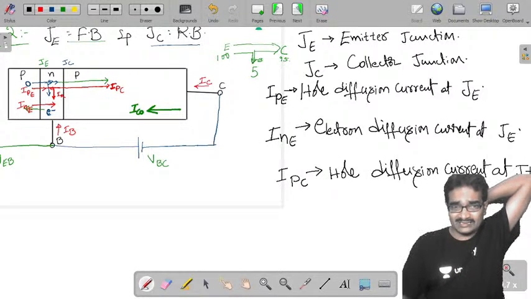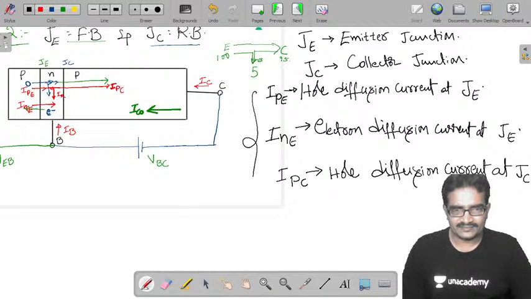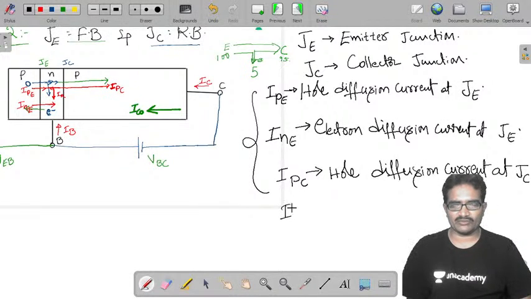Okay, these are the main components. IR is recombination current.